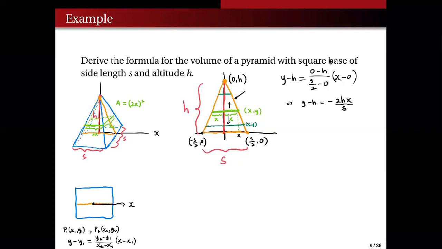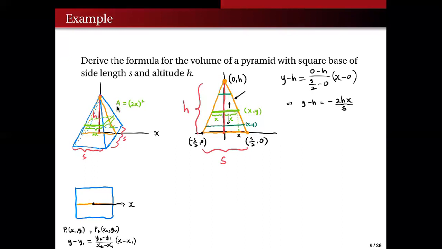And therefore we now have an equation relating the coordinates x and y. It's this guy here. And we now need the variable y. So we have x in terms of y. Particularly, we want 2x.